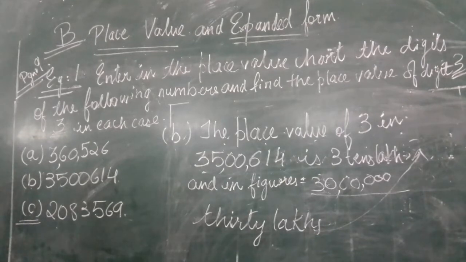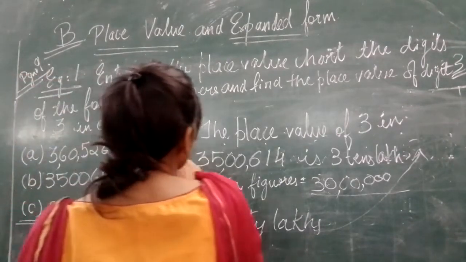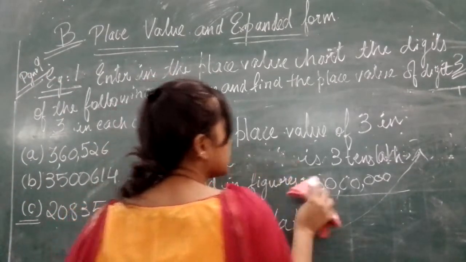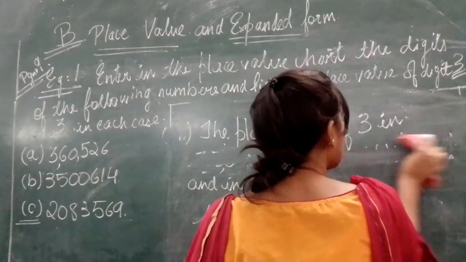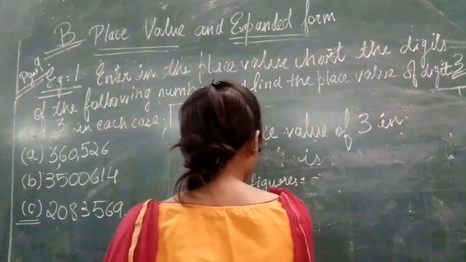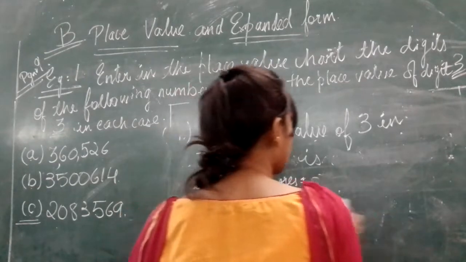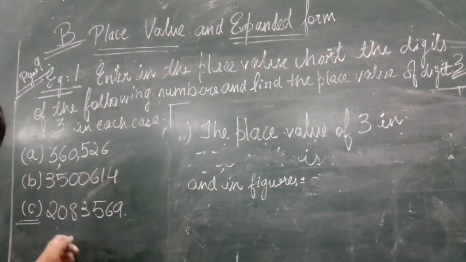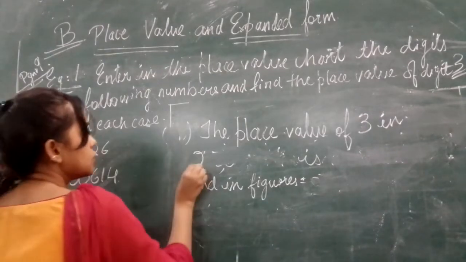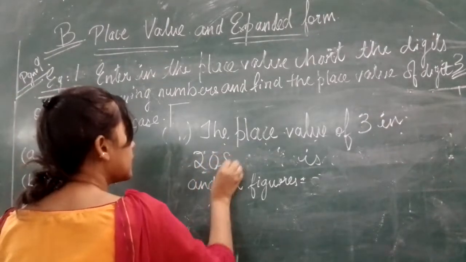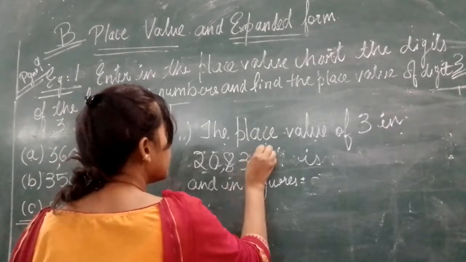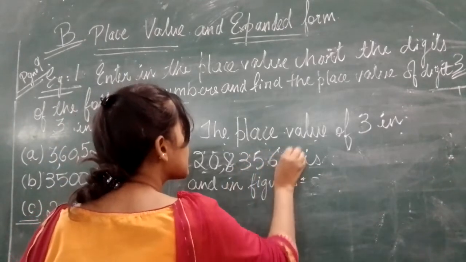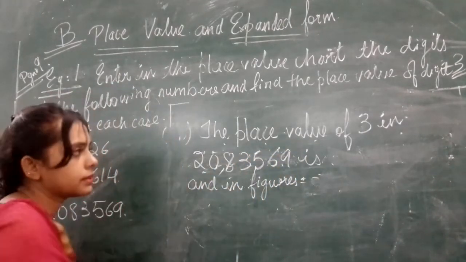Now again, question number C. Okay, I will erase this. The place value of 3 in the next number is 2083569. Again the commas.